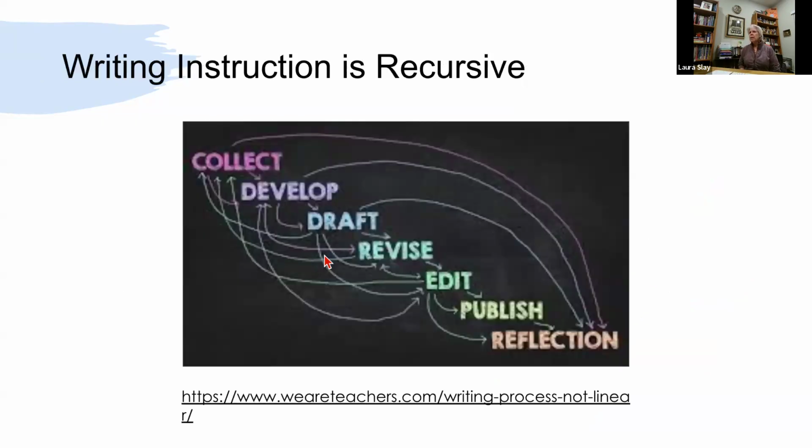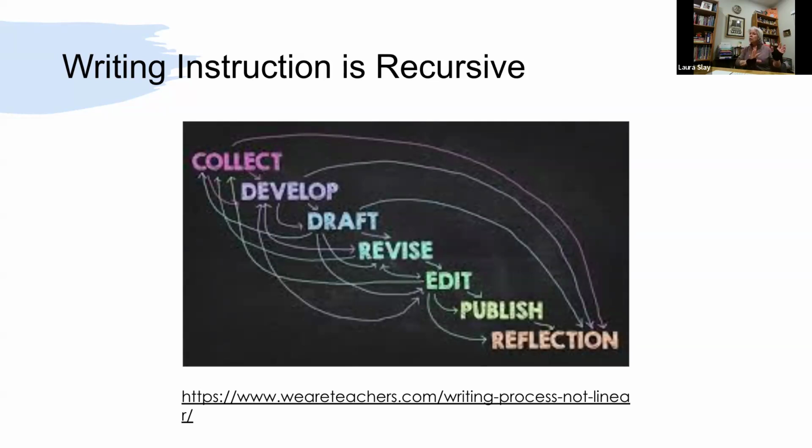So we remember that this is a process because writing is a recursive process, and you are working through the process of collecting through reading, through viewing, through learning information. You develop your drafts, you develop your ideas, and then you write your draft, and then you revise your ideas.